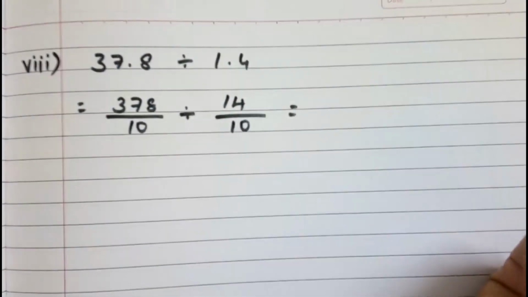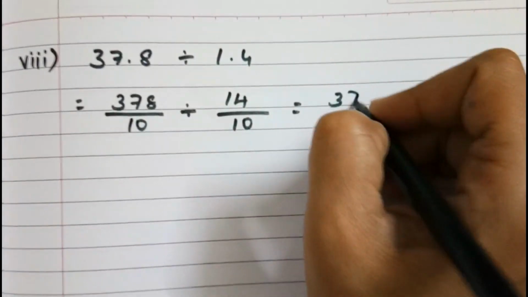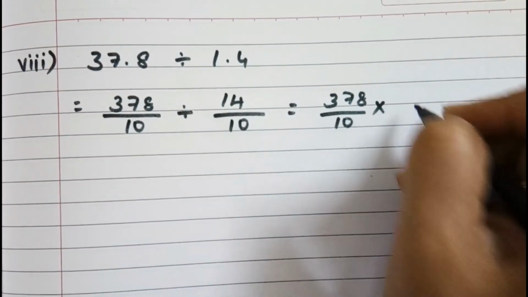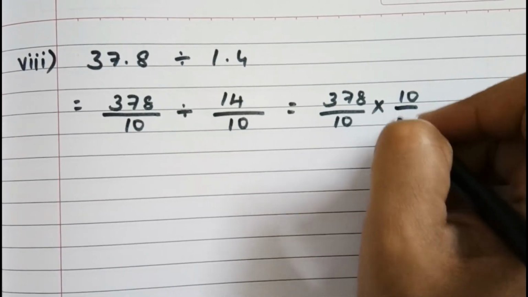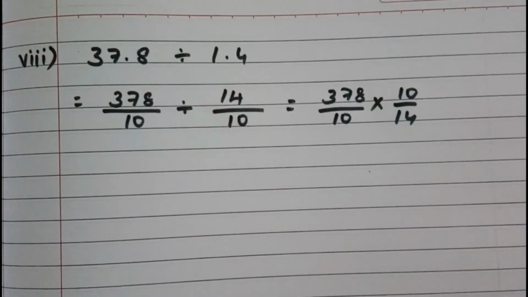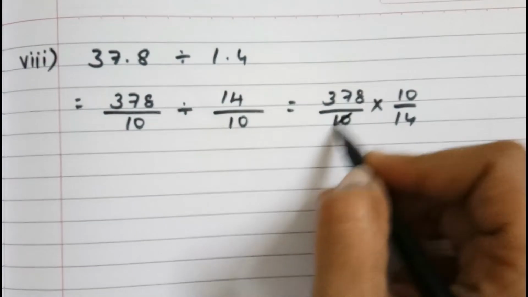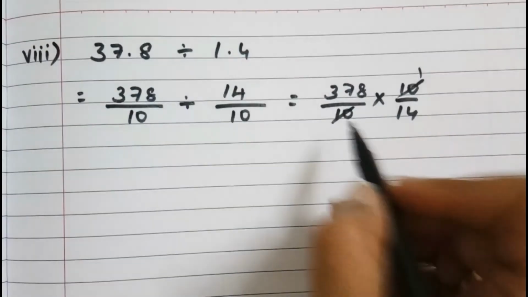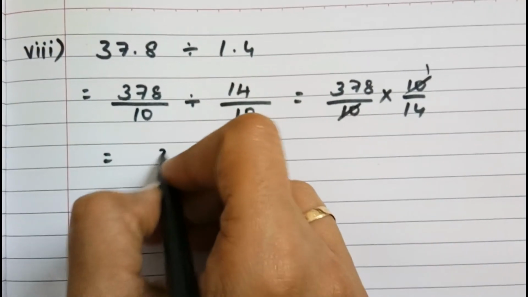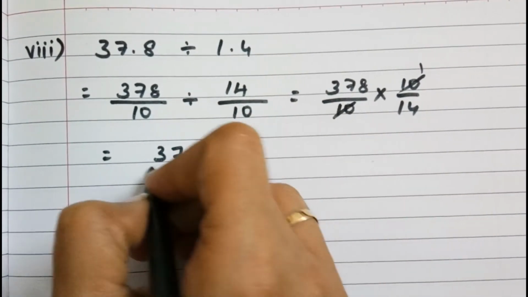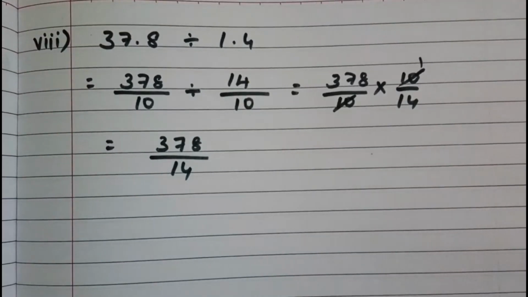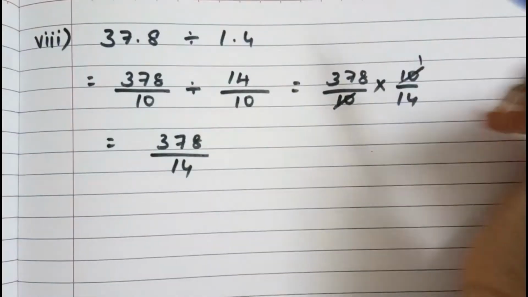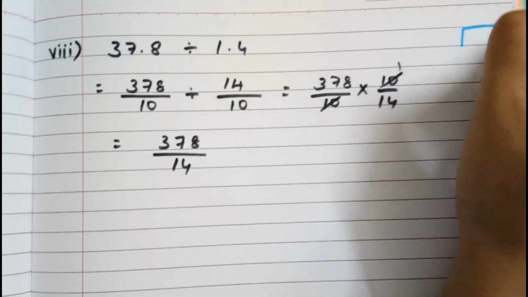And this can be written as 378 by 10 into 10 by 14. Now this 10 and this 10 get cancelled, as it will go one time. So what is left is 378 by 14.